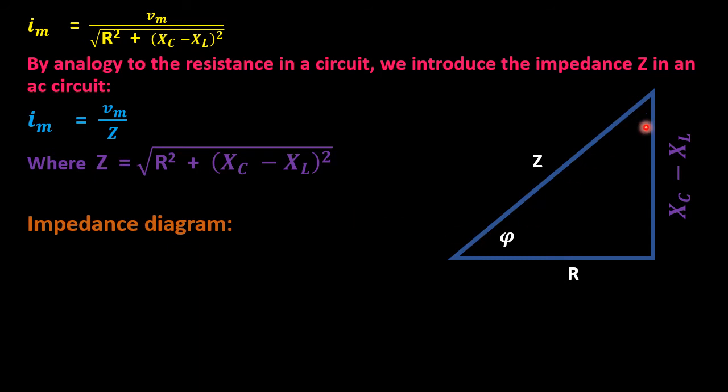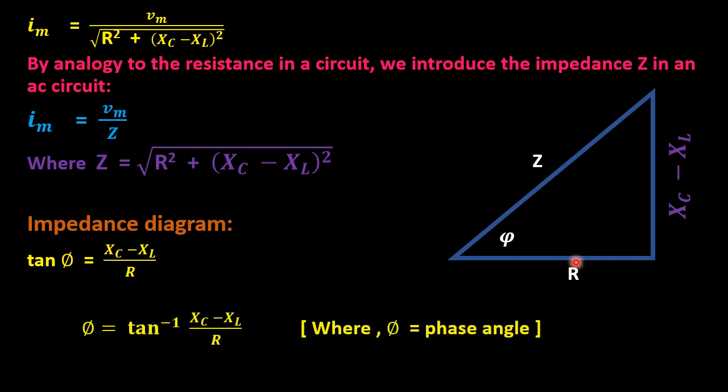So from this diagram, tan phi equals perpendicular by base. So perpendicular is XC minus XL and base is R, and we can write tan phi equals (XC minus XL) by R. So this gives the expression for phi equals tan inverse of (XC minus XL) by R, where phi is the phase angle.